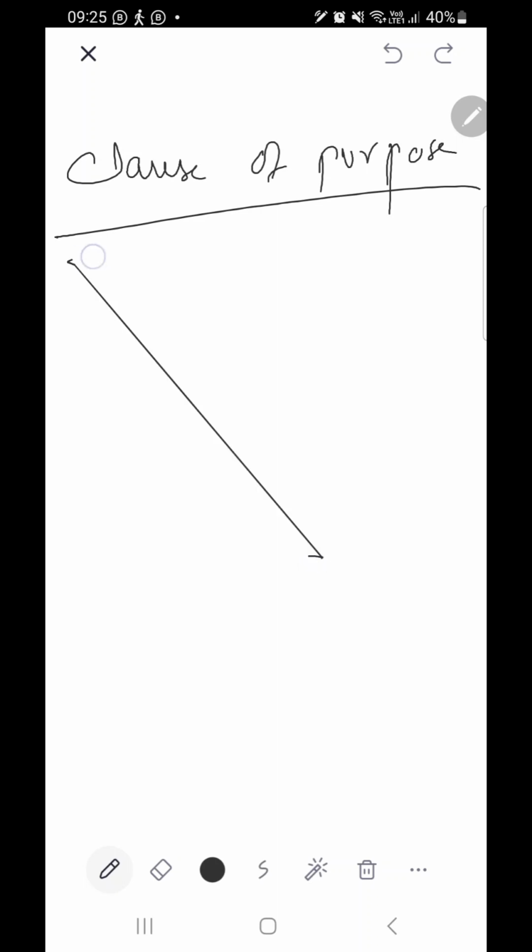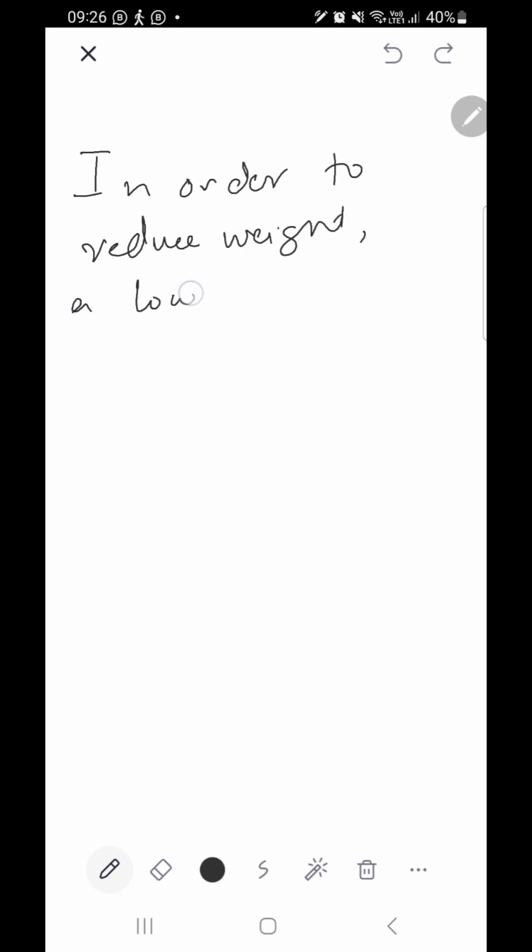Let's say, in order to reduce weight, a low fat diet has been recommended.